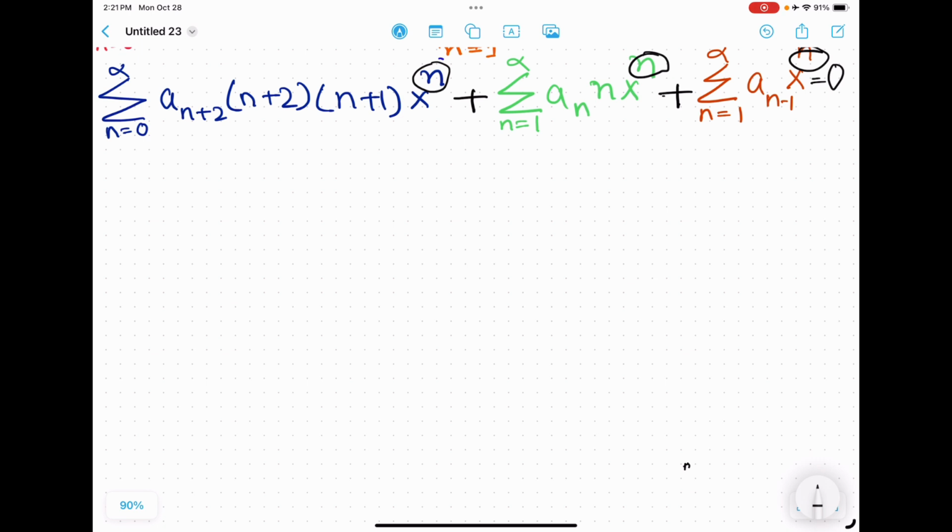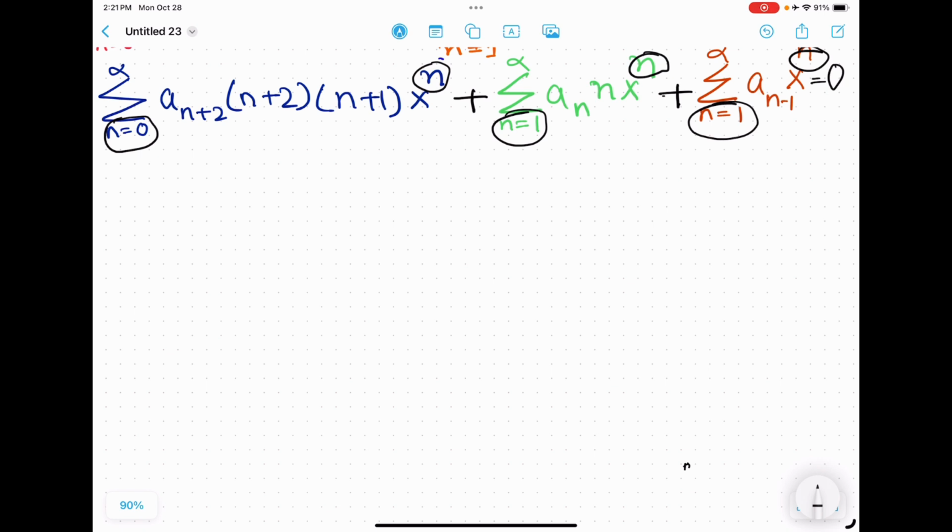Which one do I pick, which one do I shift? Like I said previously, we always want to keep the power series with the larger index and shift the power series with the smaller index, so that it gets shifted to a larger index number.